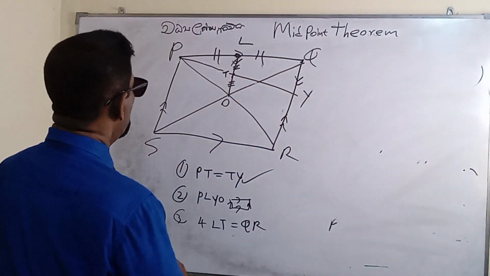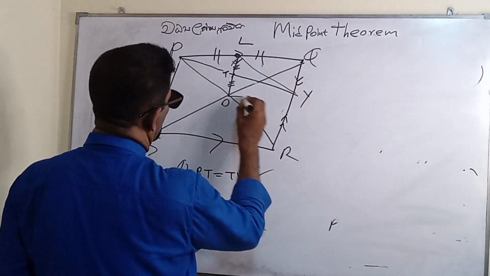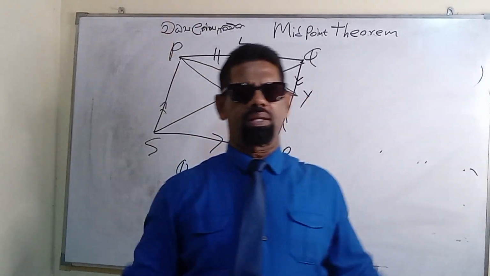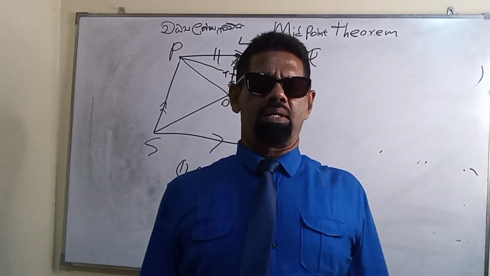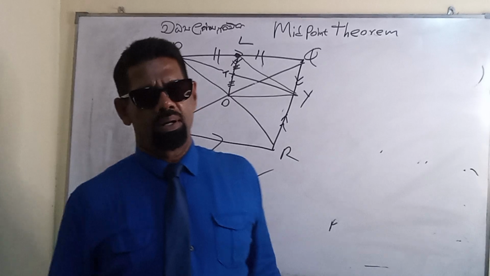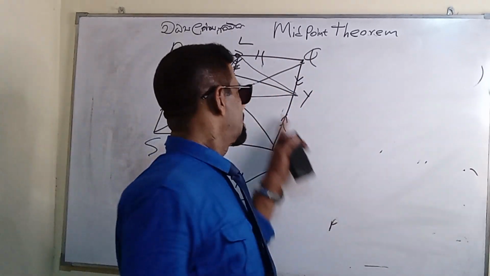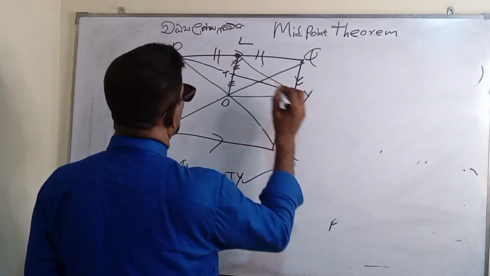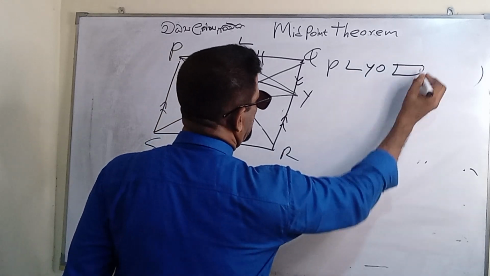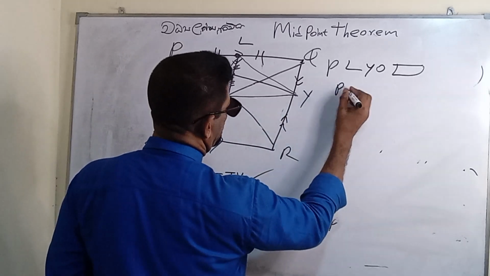Second part, PLYO is a parallelogram. We know the properties: a quadrilateral whose diagonals bisect each other is a parallelogram; a quadrilateral with a pair of sides equal and parallel is a parallelogram; a quadrilateral with opposite angles equal is a parallelogram; a quadrilateral with opposite sides equal is a parallelogram. This one is diagonals bisecting, right? In quadrilateral PLYO, we already proved PT equals TY for that diagonal.